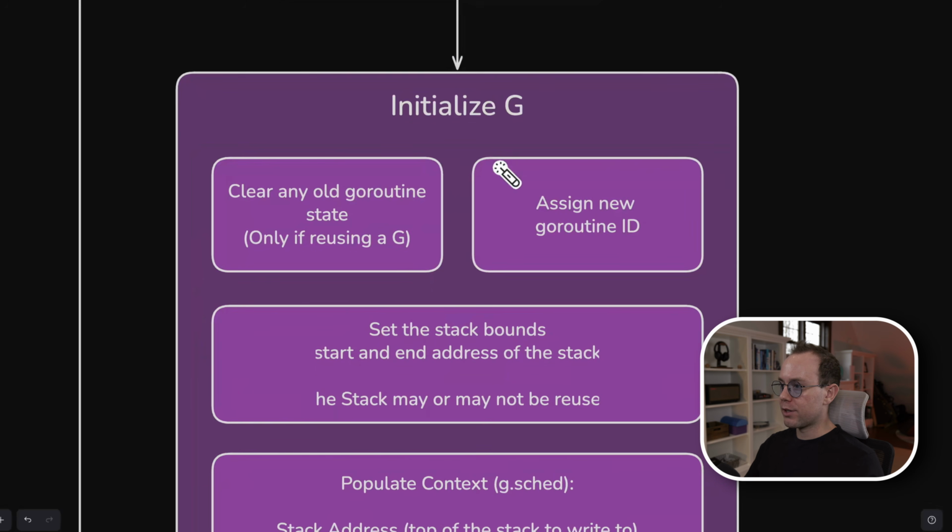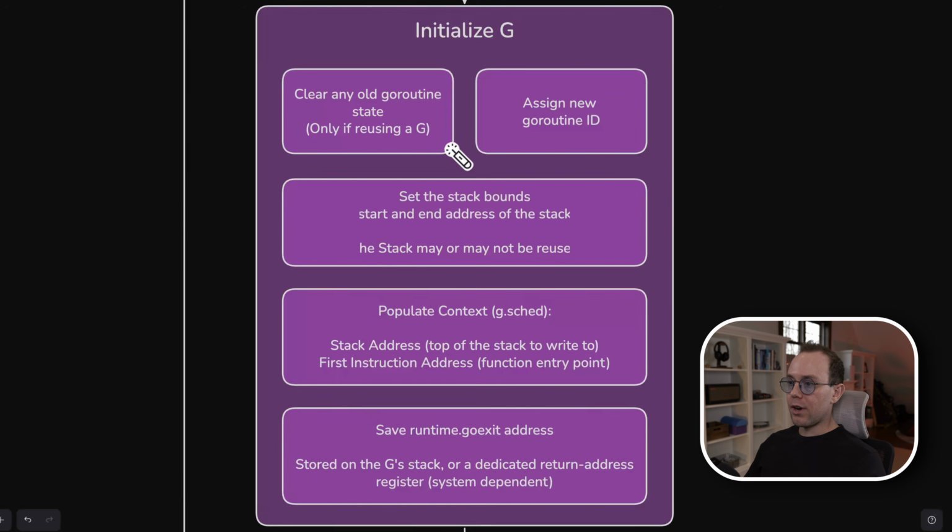Now that we have a G struct to work with, we need to set that up so that it is ready to execute. And this involves a bunch of different things. We need to clear any old state from the last Goroutine that this G struct was executing. We need to assign a new Goroutine ID to it. We need to allocate a stack if there isn't a stack and set the stack bounds, so the bottom and top address of the stack in memory.